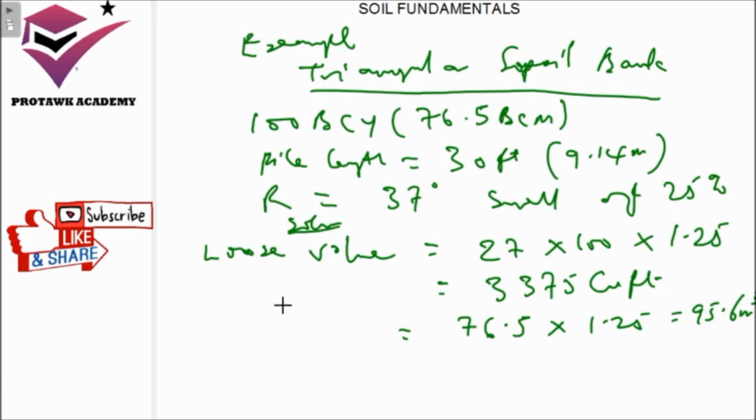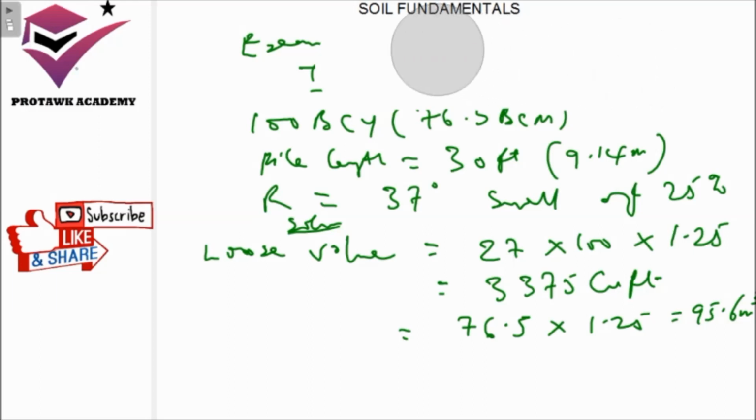Then the next thing we need to get is the base width, and we have the formula for the base width for a triangular spoil bank. Let's wipe the top so that we have enough working space.